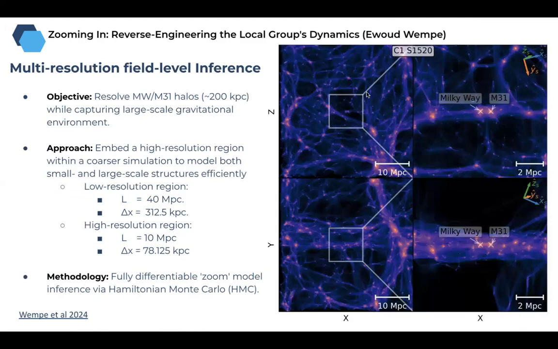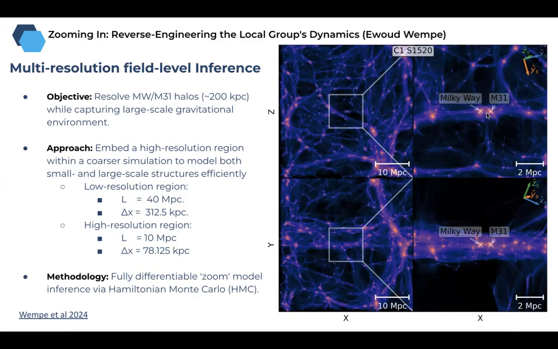The zoom-in technique allows us to account for the large-scale structure surrounding the Milky Way, and then we can zoom in to the inner 10 megaparsecs where we resolve the large-scale structures through inference at a higher resolution, and we can see that we recover the Milky Way and Andromeda pair here.